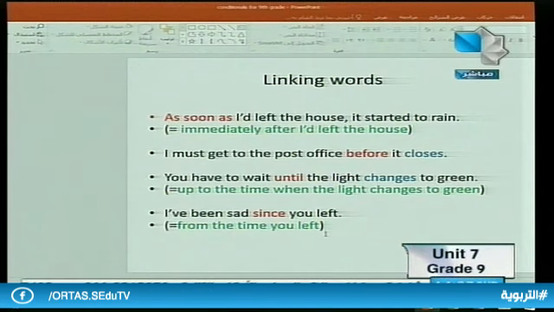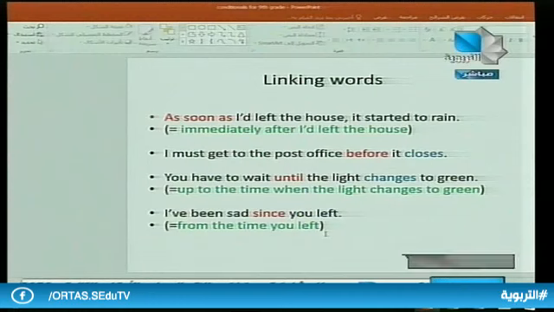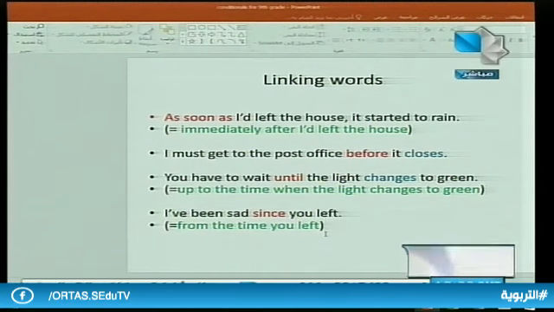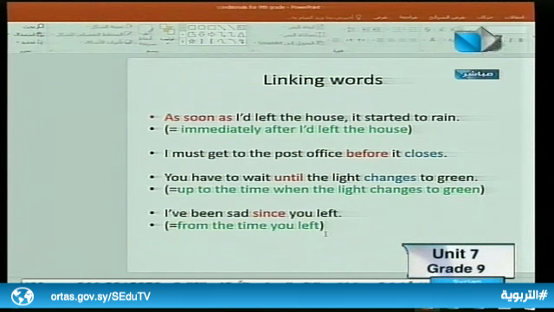"I must go to the post office before it closes." So, another word we have here is "before." We have to notice that I am using "must." I have to remind you, our students, that we are using "must" here as an auxiliary verb, and it is something that I have to do.